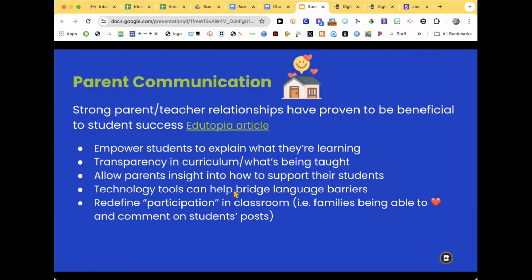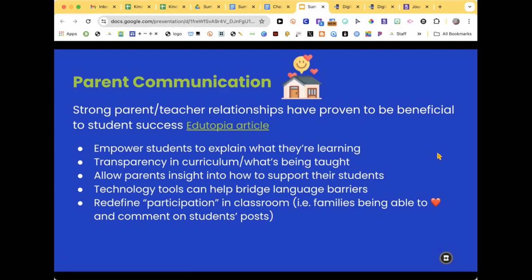There's a link to an article here that I think is really great. We know a lot of this, but it's talking about empowering strong parent-teacher relationships, because we know that's really beneficial to student success. And again, we're really going to focus in on students being able to explain what they're learning.